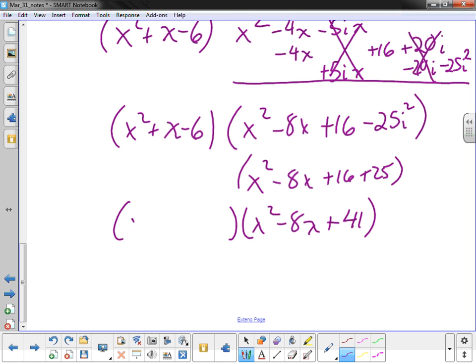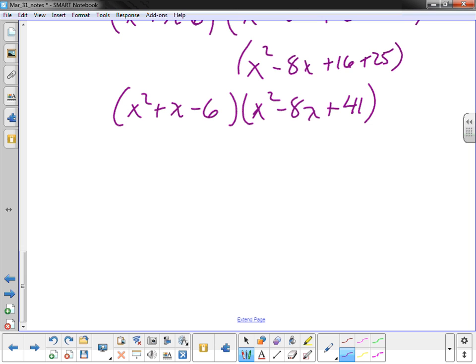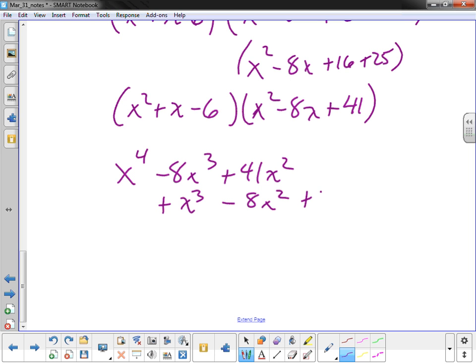And then I have the x squared plus x minus 6. Now all I got to do is multiply these two trinomials. So that's an x to the 4th minus an 8x cubed plus a 41x squared plus an x cubed minus an 8x squared plus a 41x minus a 6x squared plus a 48x minus a 246.